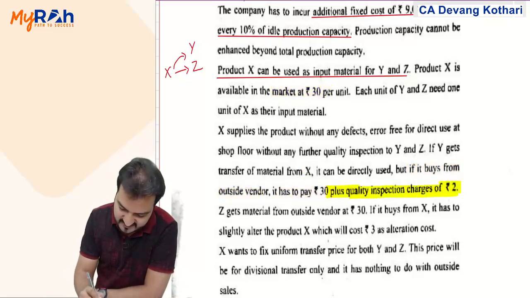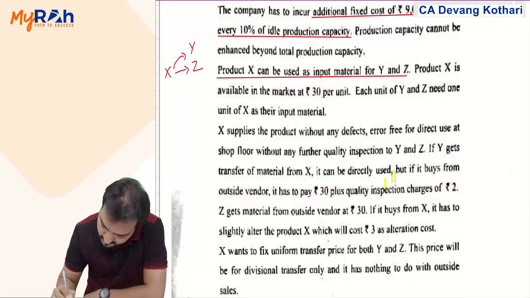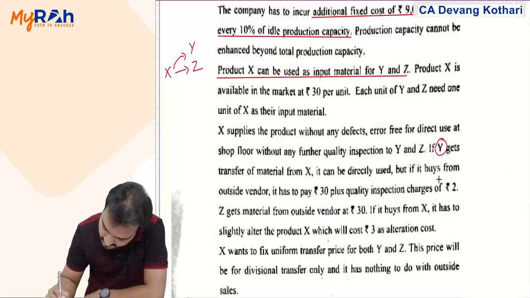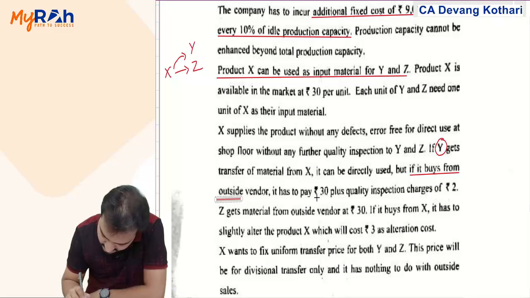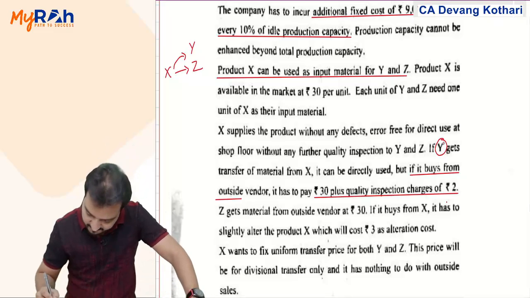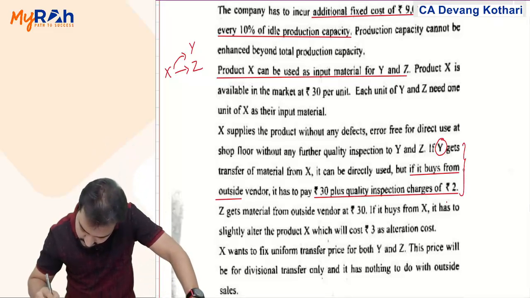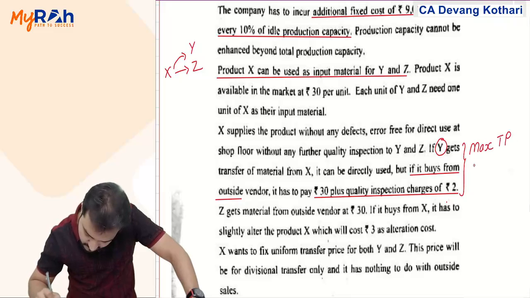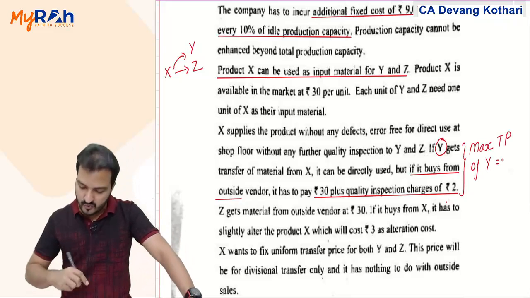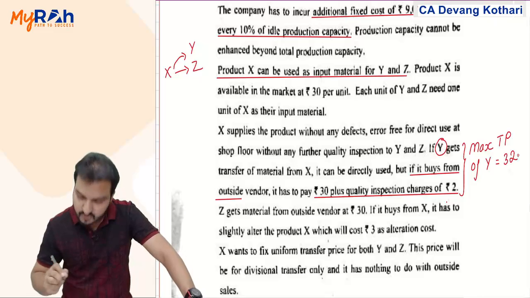Now this makes me understand maximum TP that Y is ready to pay. Maximum TP that Y will be ready to pay will be 30 plus 2, 32 rupees.